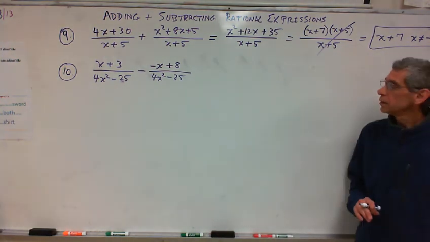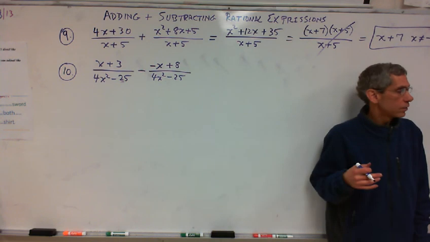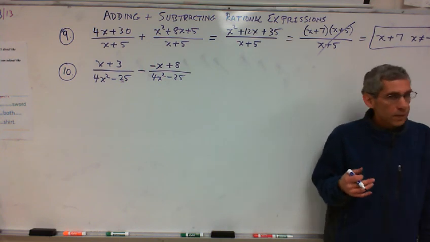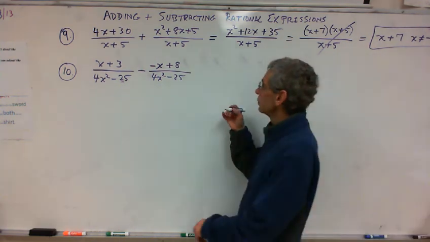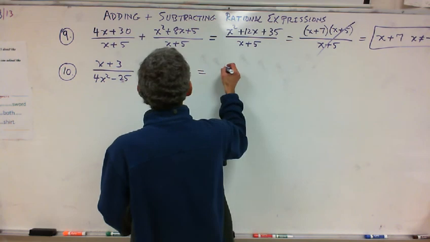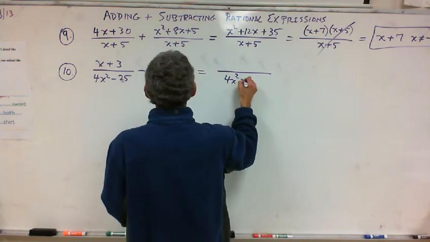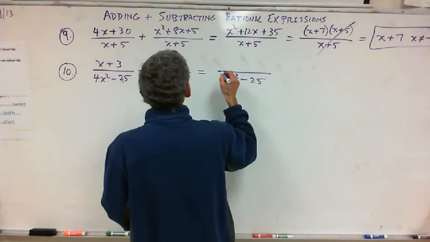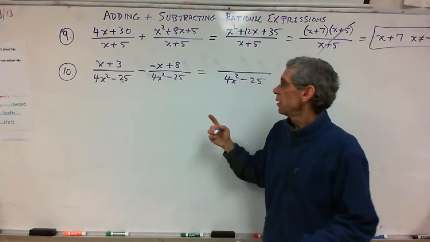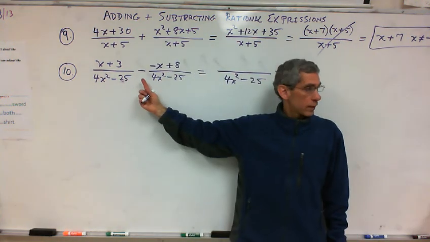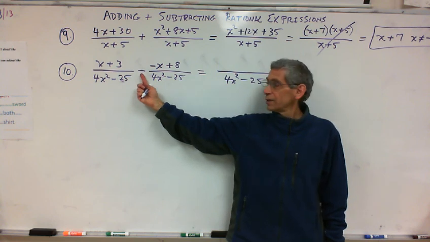Do I have common denominators? Yes. You're not always going to have common denominators, but you do here. So I'll put my common denominator, 4x squared minus 25. And upstairs, this is where people are going to make mistakes. You see how it says minus here?